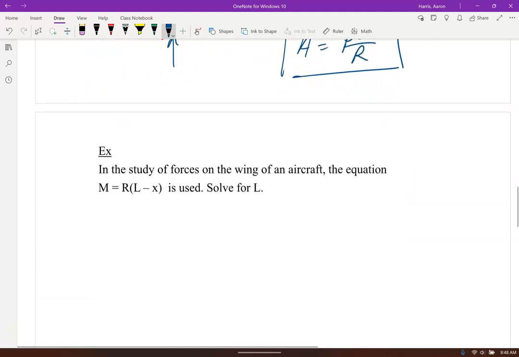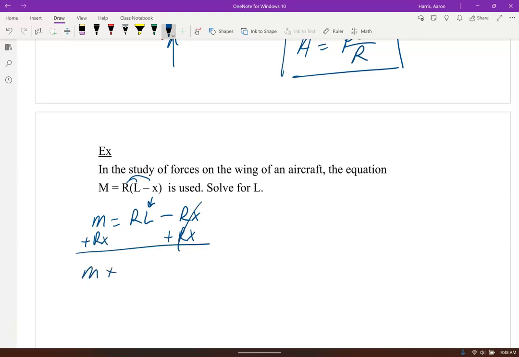All right, this next one we're going to solve for L. Let's go ahead and distribute that. M equals RL minus RX, and we're solving for L. So let's get rid of RX, so add RX to both sides.